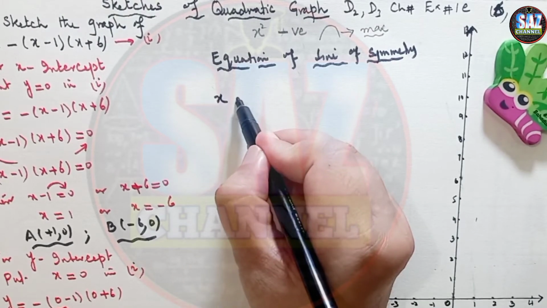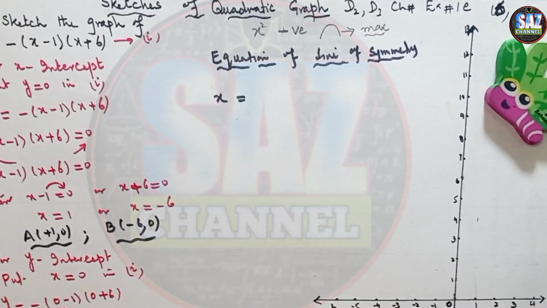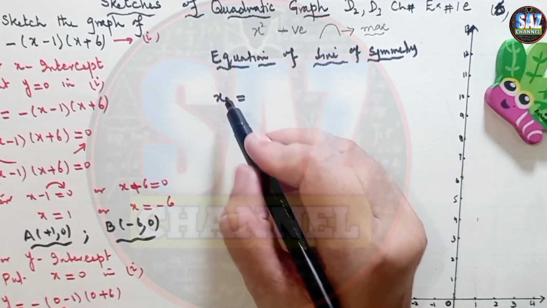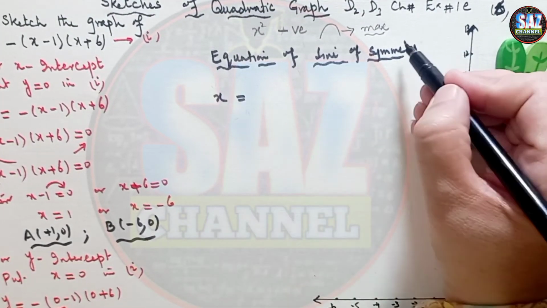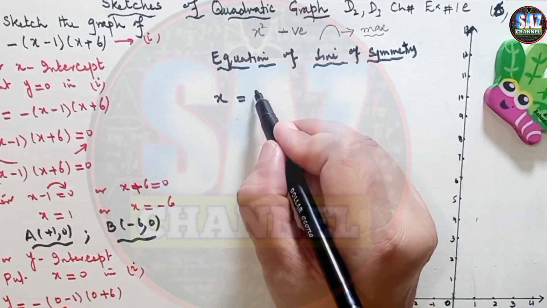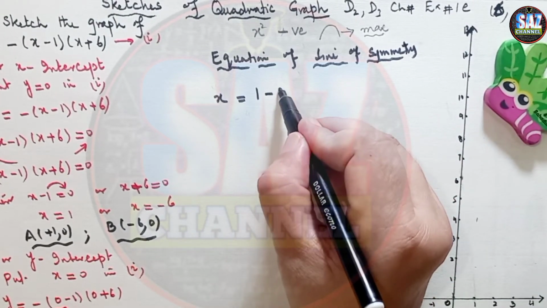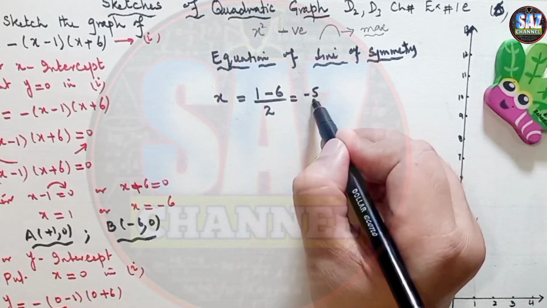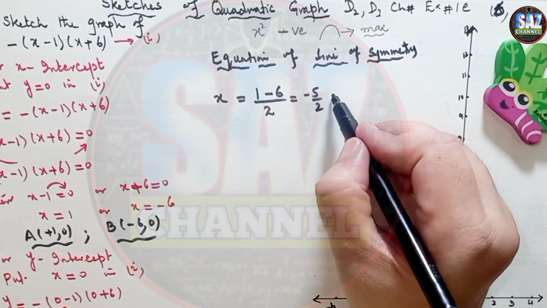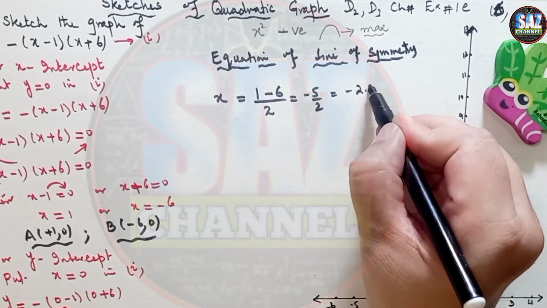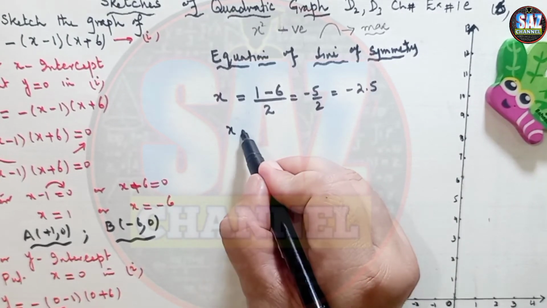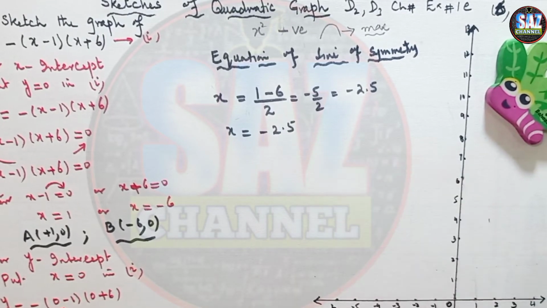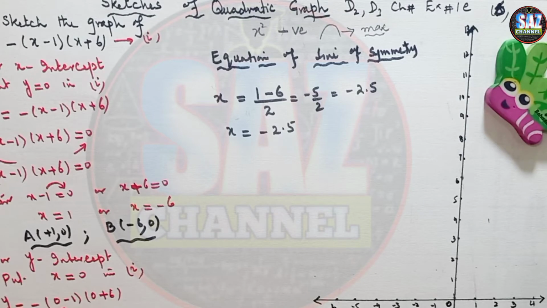The equation of the line of symmetry is midway or in between both x-intercepts. So in order to get it, we have to add up both x-intercepts and halve them, giving minus 5 by 2 or minus 2.5. So x equals minus 2.5 is the line of symmetry for this question.